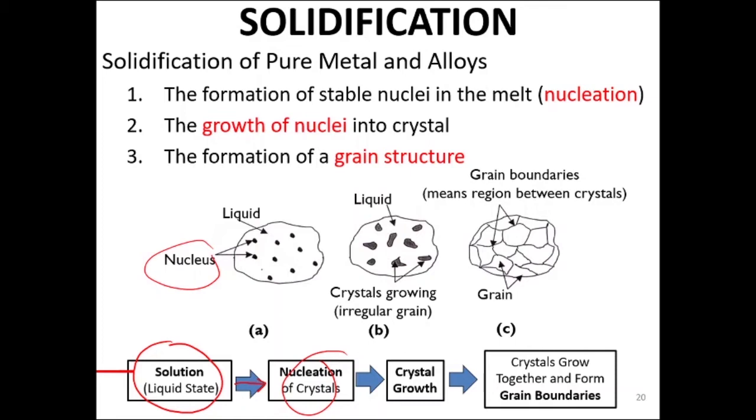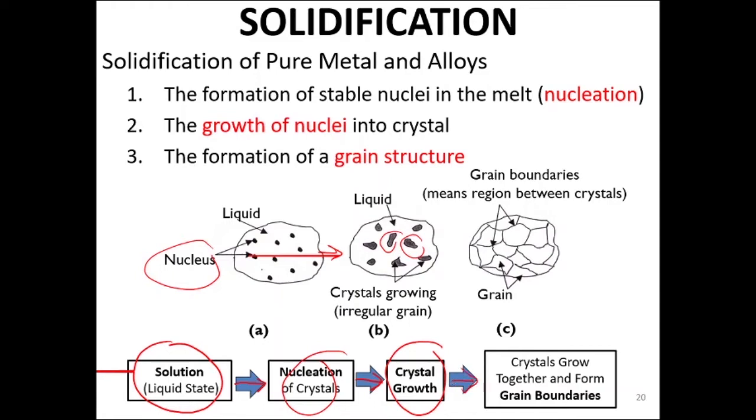This stage happens when the temperature drops below the melting temperature of the metal. When we keep cooling it down, the nuclei will grow bigger and bigger. This stage we call the crystal growth stage. As you can see here, the solid takes more and more area in the liquid.